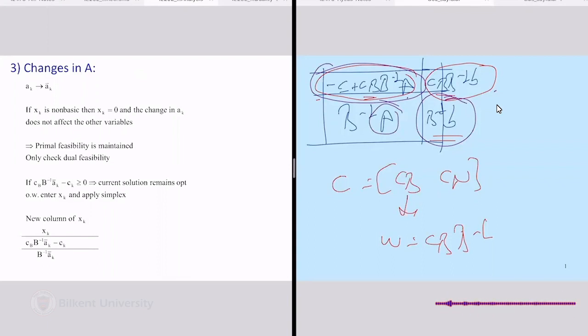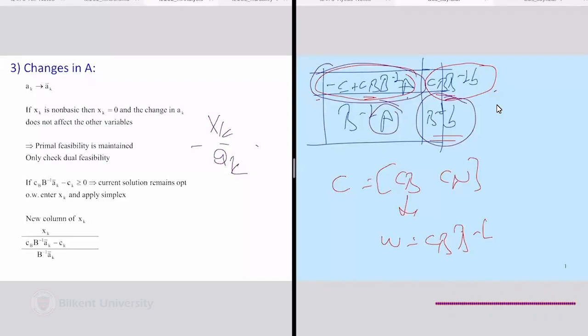We're going to change the consumption vector of one of the variables. So we're going to change an AK in that matrix, a column corresponding to a variable. Now, again, this variable xk can be a basic variable or not.